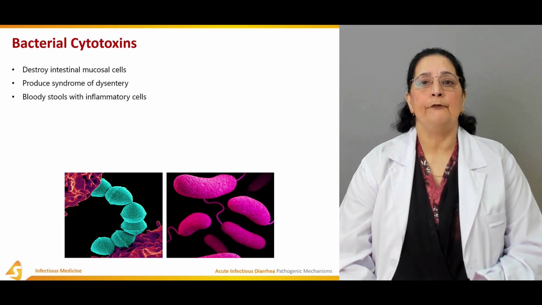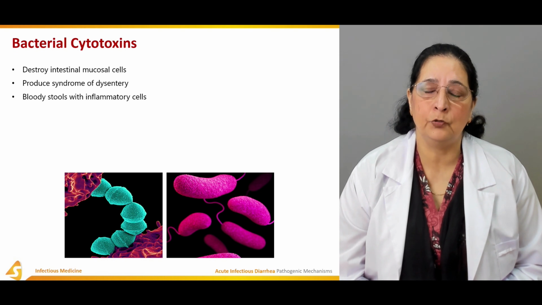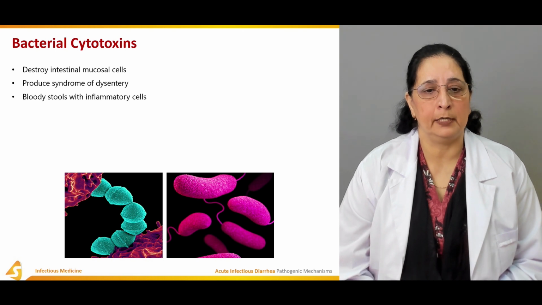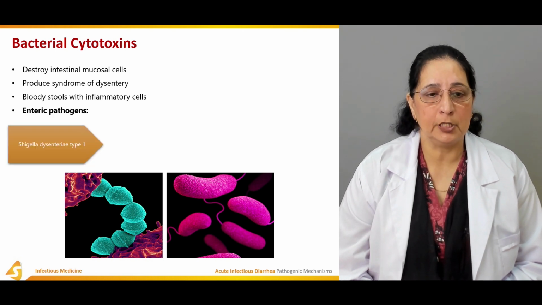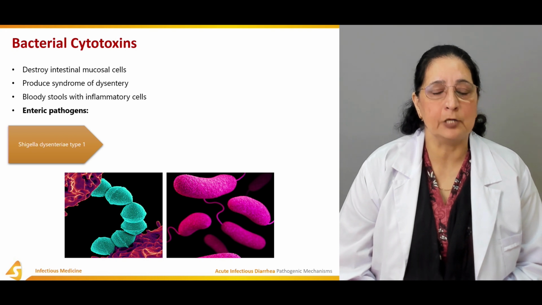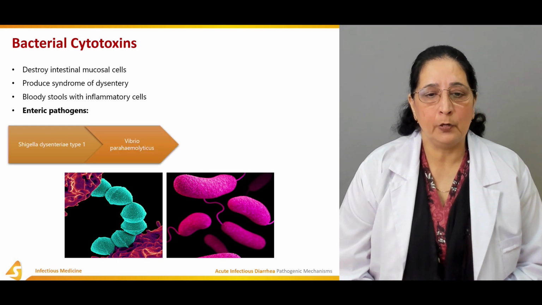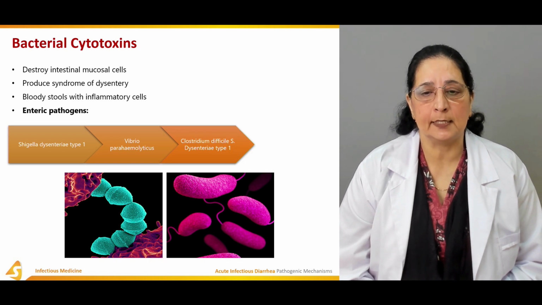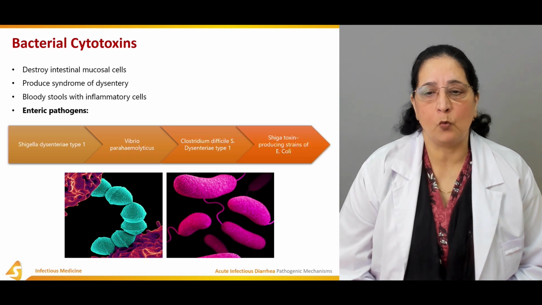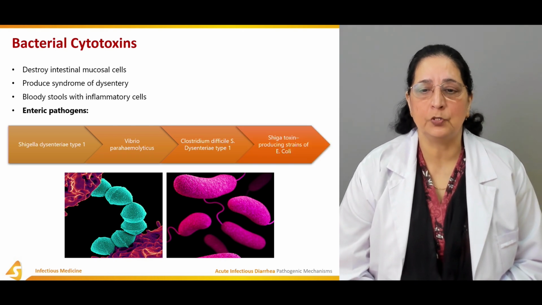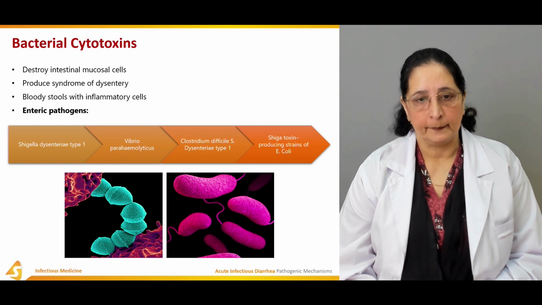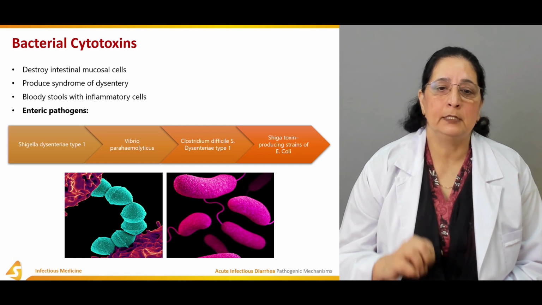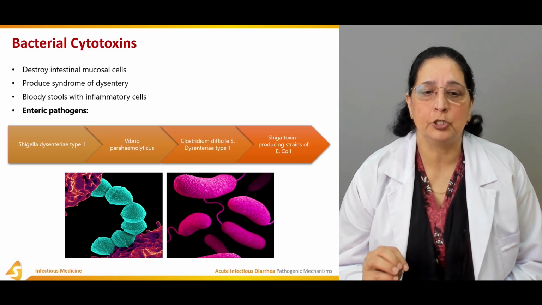Bloody stools with inflammatory cells, neutrophils, and leukocytes are present in this type of infection. Enteric pathogens are Shigella dysenteriae type 1, Vibrio parahaemolyticus, Clostridium difficile, and Shiga toxin producing strains of E. coli. So all these are different enteric pathogens which are the bacterial cytotoxins.